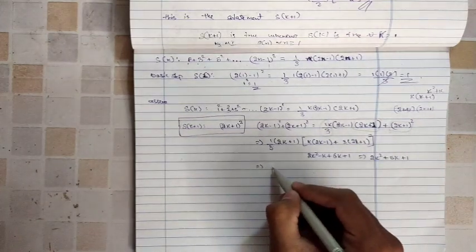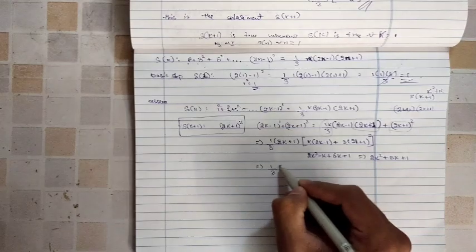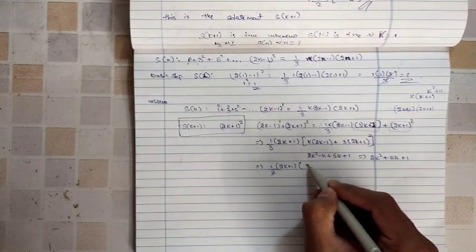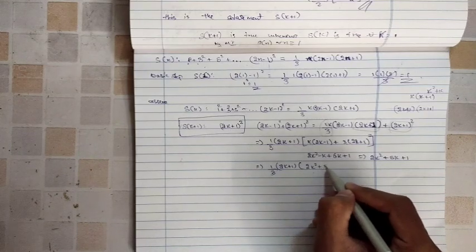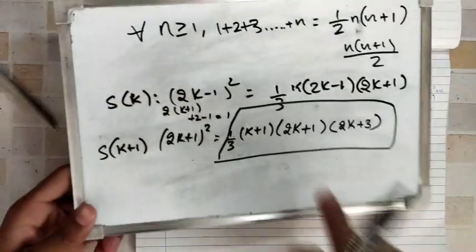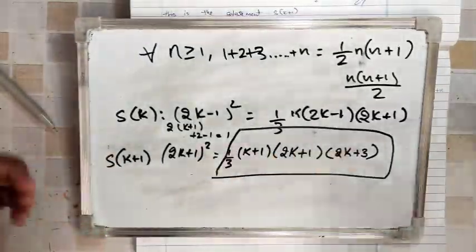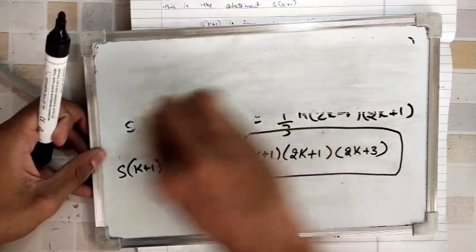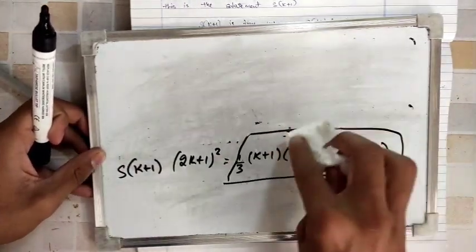So I have 1 by 3 into 2k plus 1 into 2k square plus 5k plus 3. Now I have to solve this. Remember this thing, I just have to erase this now. I will keep this final answer as it is.